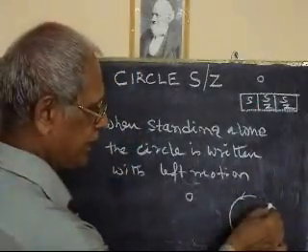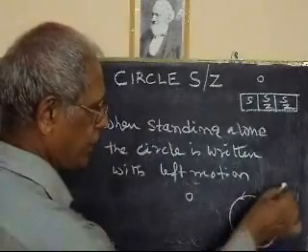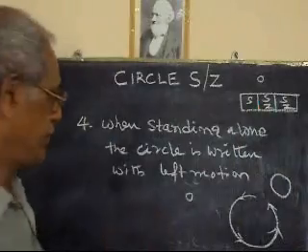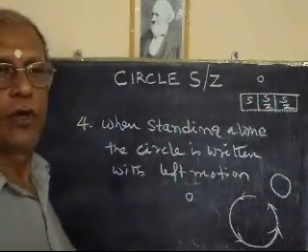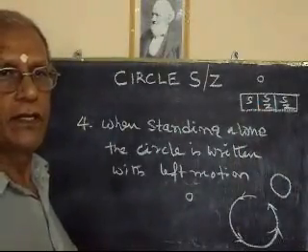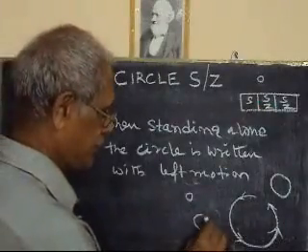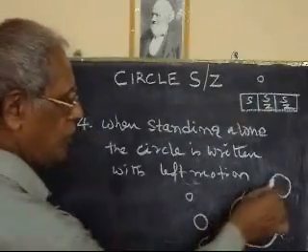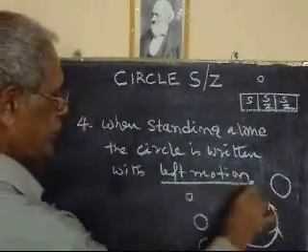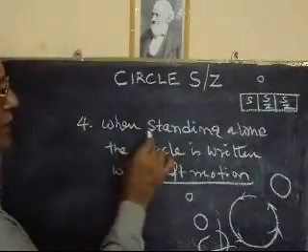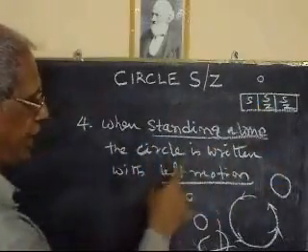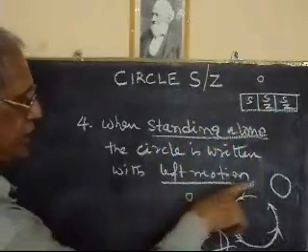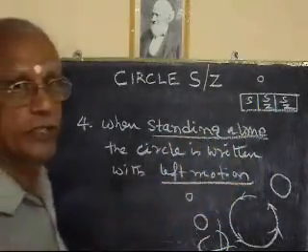So the circle is written with left motion like this only when standing alone. Suppose I want to ask you to write the circle. Like this you will have to write, not like this. Only with left motion, when standing alone.